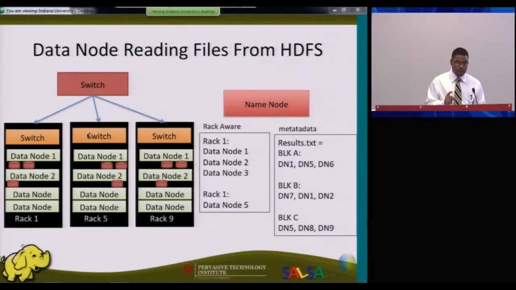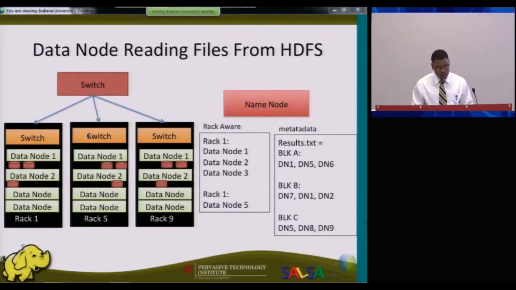But remember that I mentioned this thing called rack awareness. With rack awareness, instead of going across the network, it'll check its rack to see whether the data is located there so it can retrieve it. That will cut down on the network congestion.